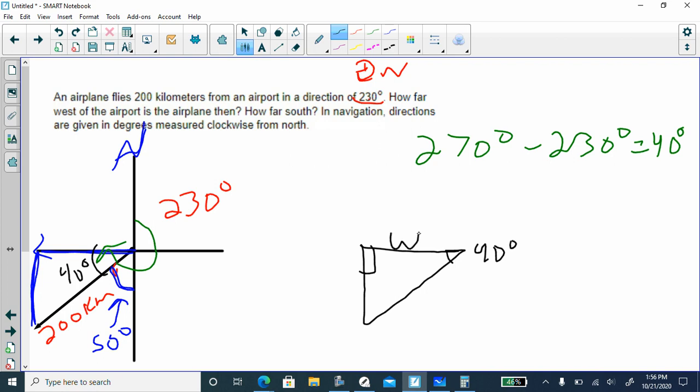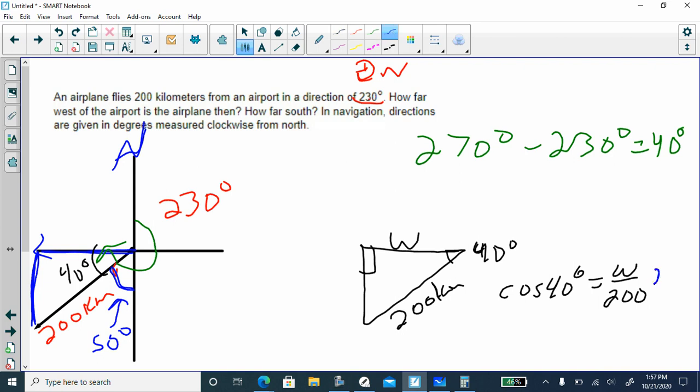I'm going to label this side W for west because that's what we're looking for. We know this side is 200 kilometers. From 40 degrees, we're looking for the west side, which is adjacent, and we know the hypotenuse. So we could say that cosine of 40 is the adjacent side divided by the hypotenuse.